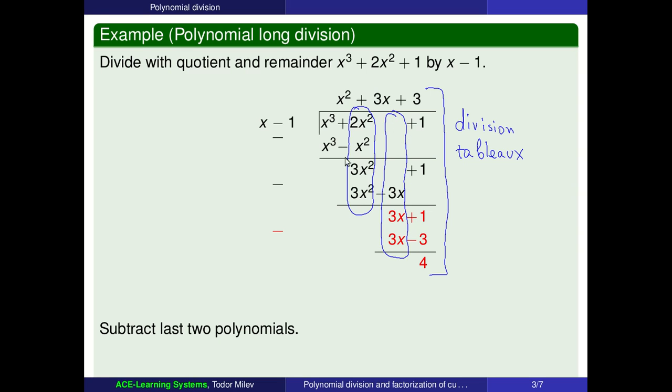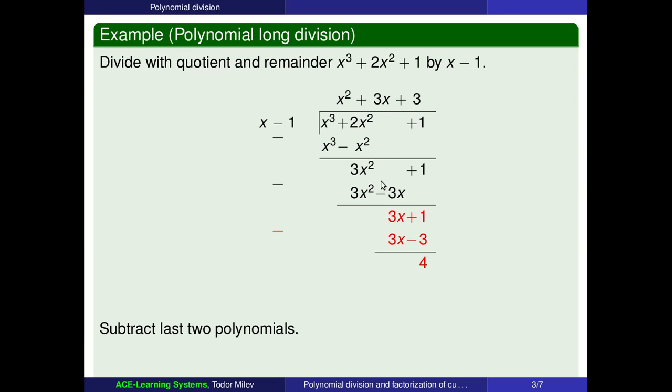If a polynomial is missing first degree terms, for example, the polynomial x cubed plus 2x squared is missing a linear term, a first degree term, well, you should imagine that you're having plus 0 times x here, and here you're having plus 0 times x, so you should imagine that the missing terms are added in there, and you should leave empty space for these missing terms. So you don't need to write 0 times x, but you should leave empty space.